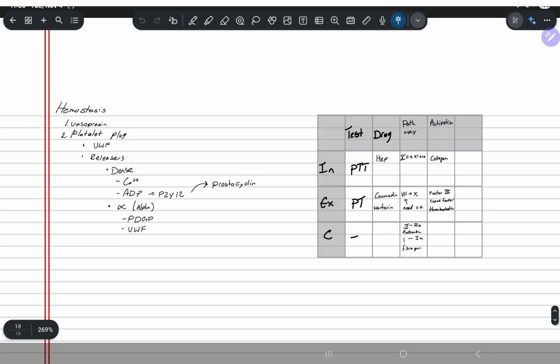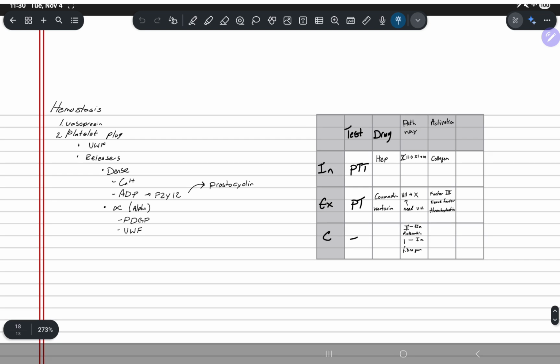All right, and then here we've just got a quick little chart that I drew out. As you can see, we've got the intrinsic and extrinsic pathway. The test for intrinsic is PTT, extrinsic is PT. For the drugs you want to give them, heparin for the intrinsic, and then Coumadin or warfarin for the extrinsic.